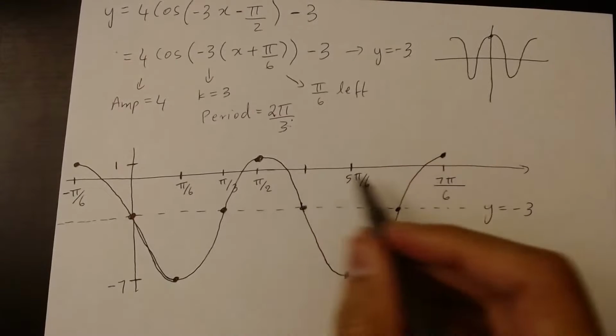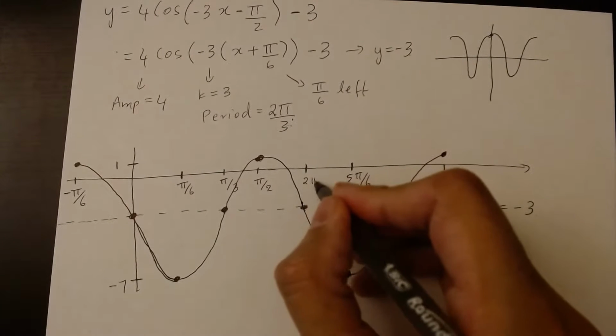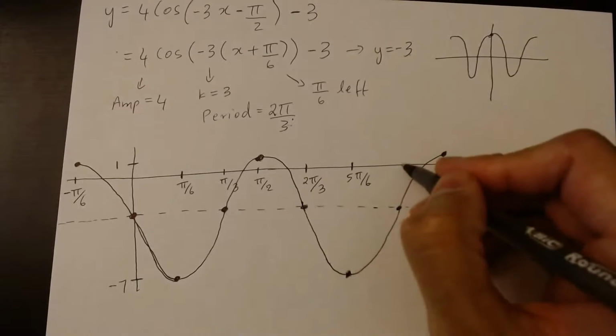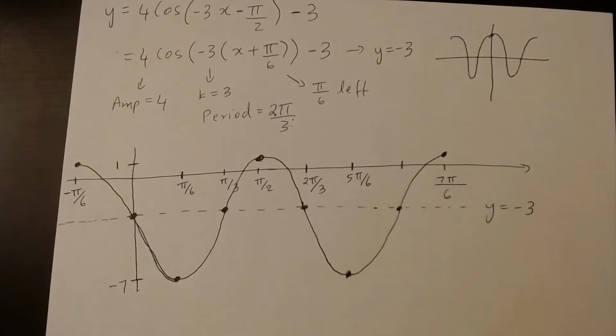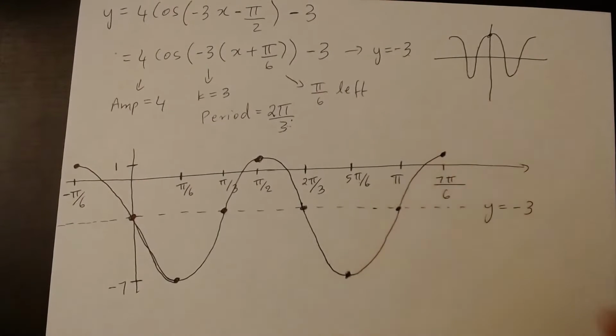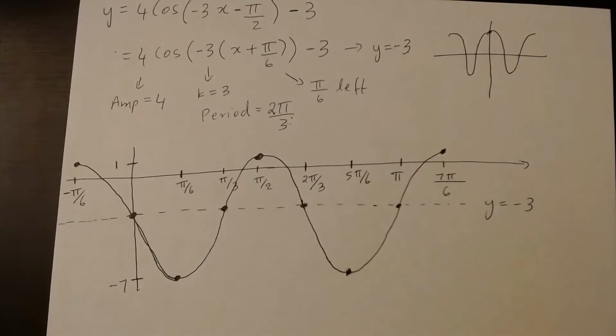And then pi over 2 plus 5 pi over 6 over 2 is just 2 pi over 3. And then over here, I'll do my midpoint of these two. So 5 pi over 6 plus 7 pi over 6 divided by 2 is just pi. That's how you draw a transformed cosine graph.